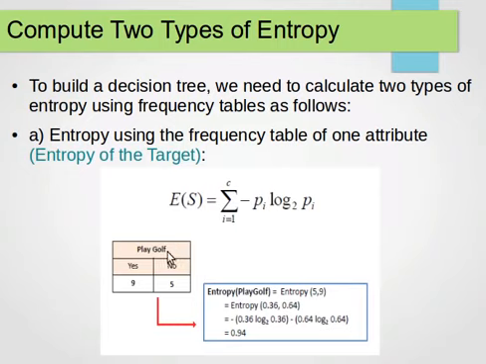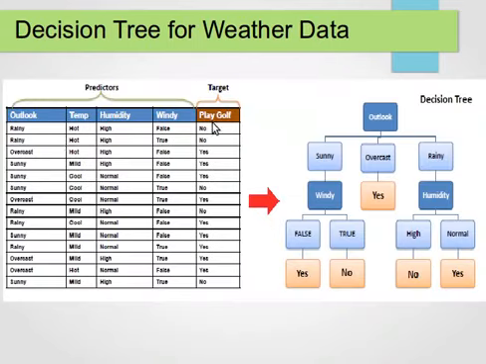If we remember our weather data, we have 14 instances and we have 5 no's and 9 yeses.